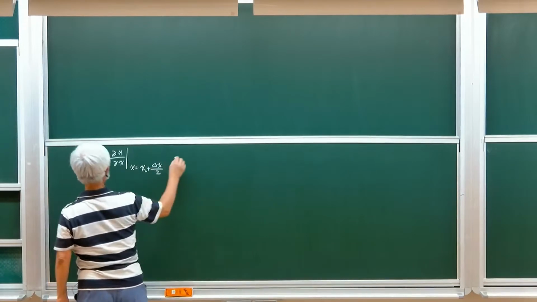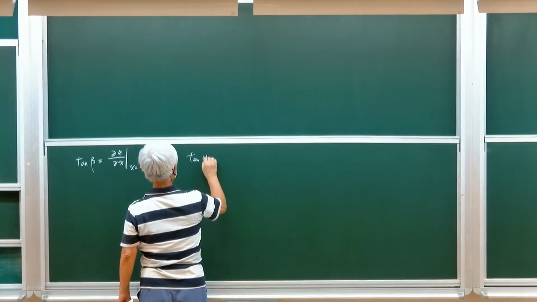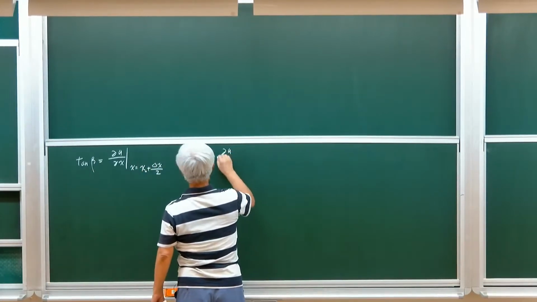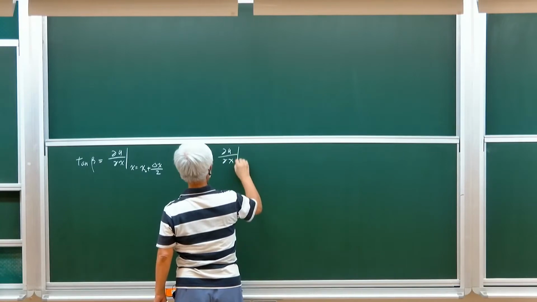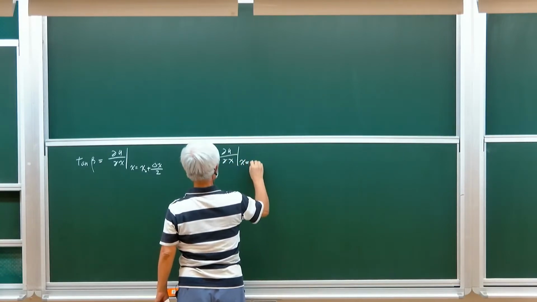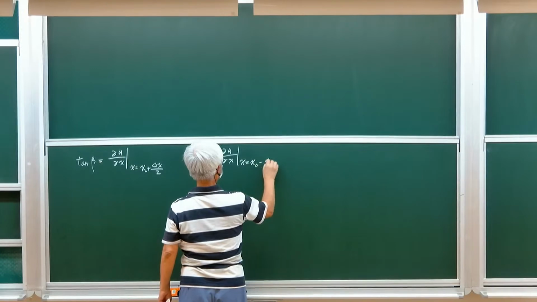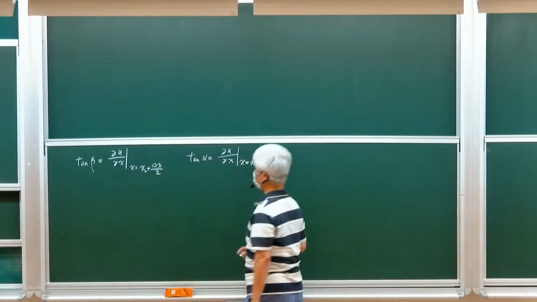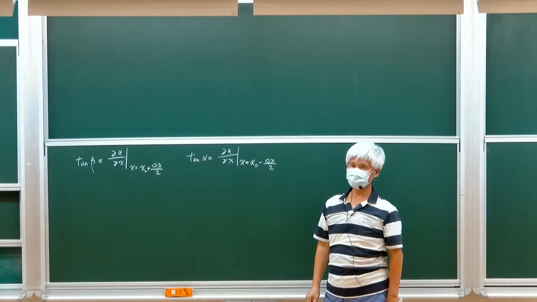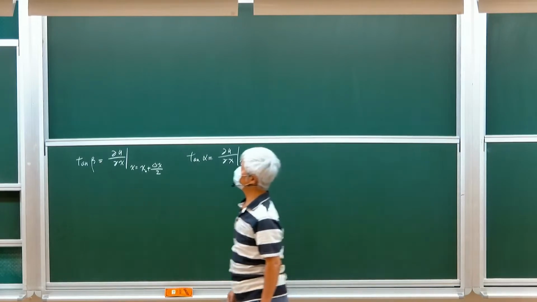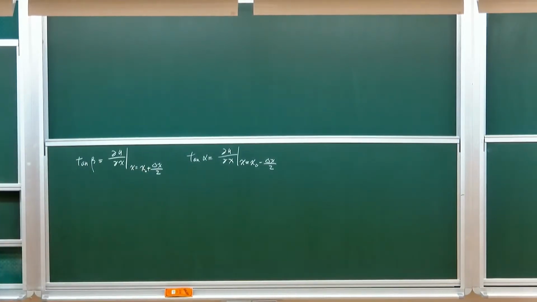And tangent alpha, the slope would be here, this partial derivative, at this point. So that is the slope, as we know.